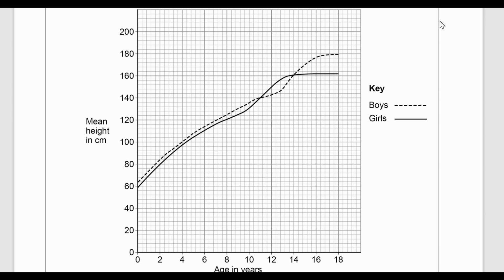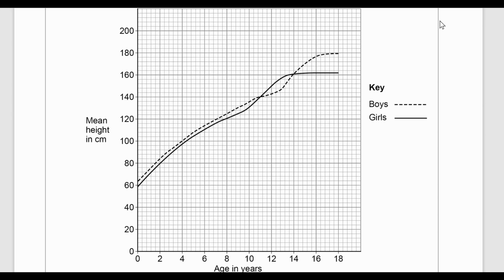So looking at the graph, you can see that for both boys and girls, there is an increase from 0 years up until 18 years. However, there are some slight changes that occur. Right from the start, 0 years, you can see that boys' height is slightly higher than girls, so they're taller than girls from 0 years.